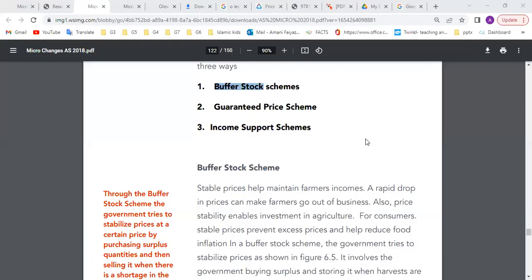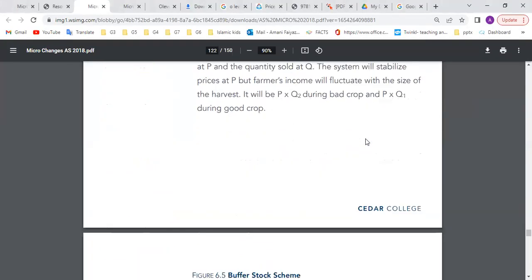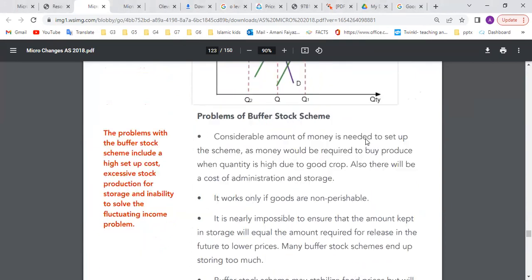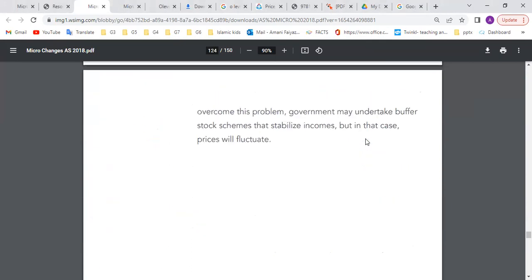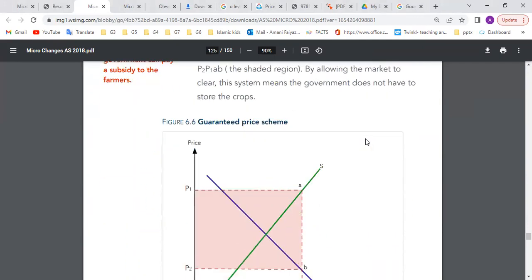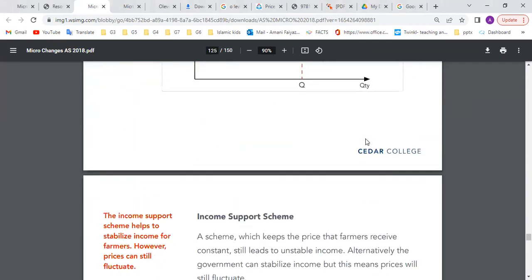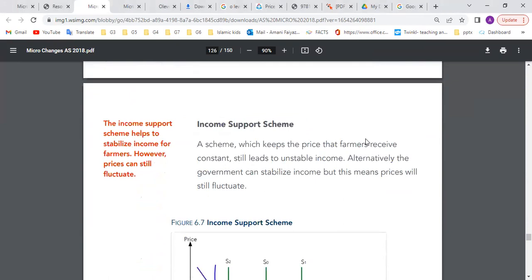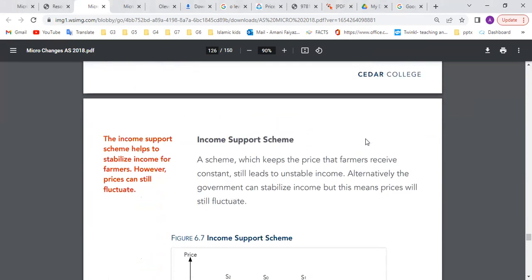We're going back to the book now. We've done the guaranteed price. Okay. The income support is what we are doing right now, where we are protecting the farmer's income, how much money he makes.